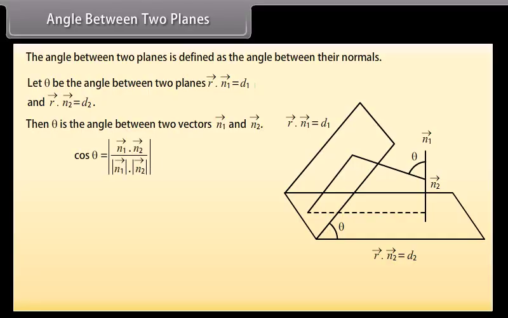cos theta equals the modulus of the dot product of vector n1 and vector n2, divided by the modulus of vector n1 into the modulus of vector n2.